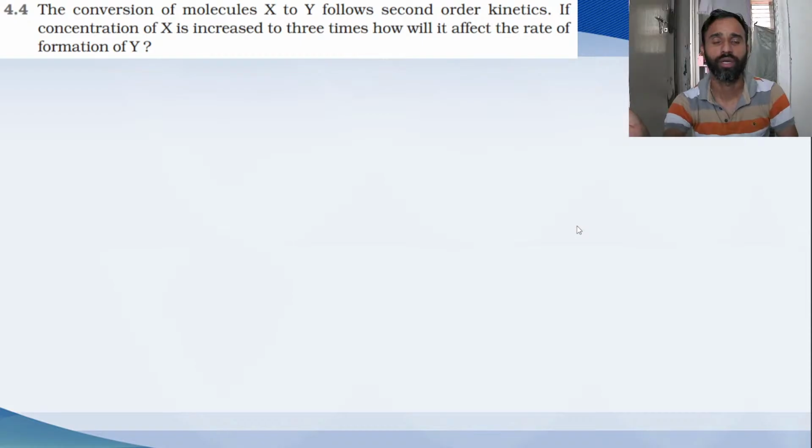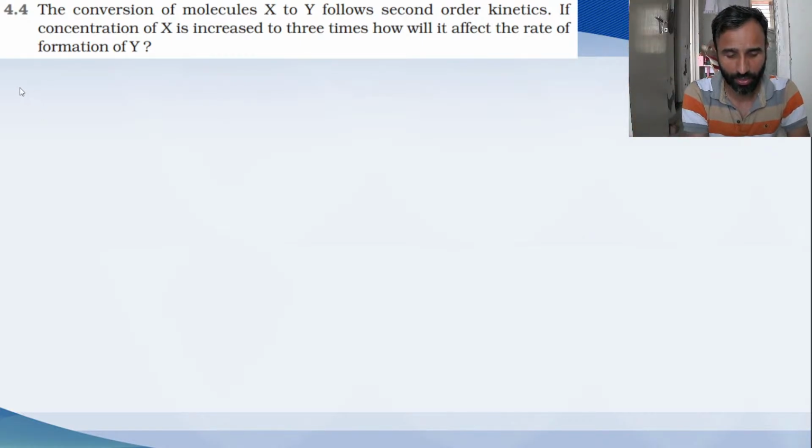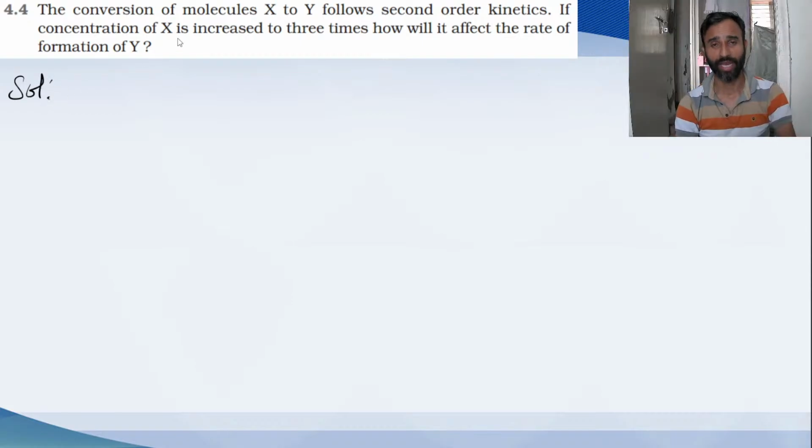Next question. The conversion of molecules X to Y follows second order kinetics. If concentration of X is increased to 3 times, then how will it affect the rate of formation of Y? Okay. See, the reaction follows second order kinetics.